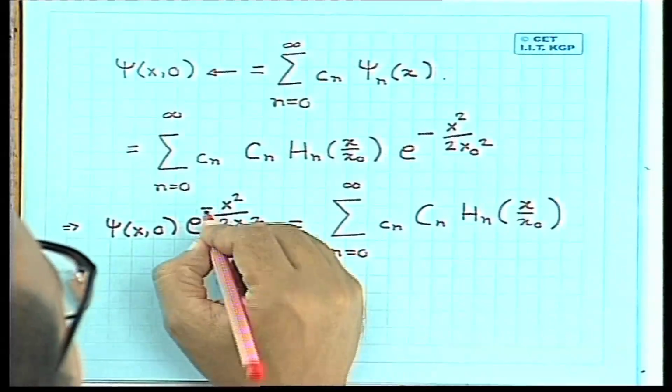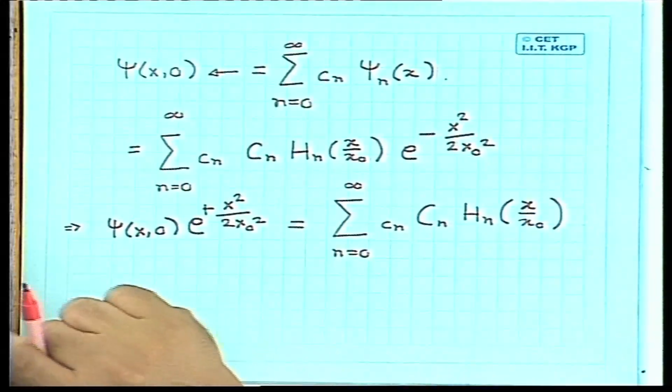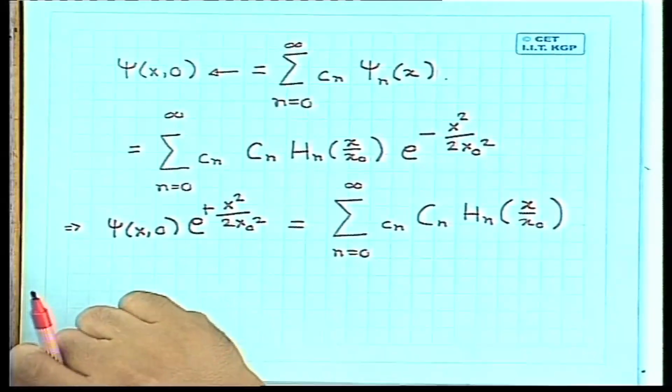E to the power plus. Okay. So let us now ask the question, under what conditions is this kind of a thing valid. Let us see if these wave functions, these eigenfunctions, do actually form a complete set of functions or not.